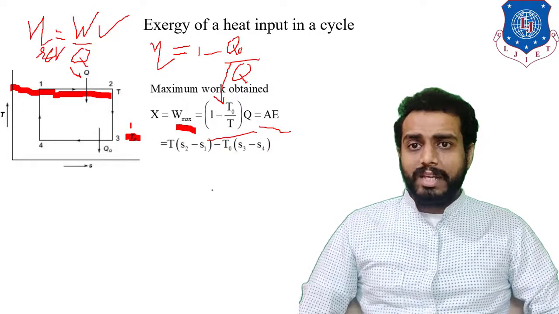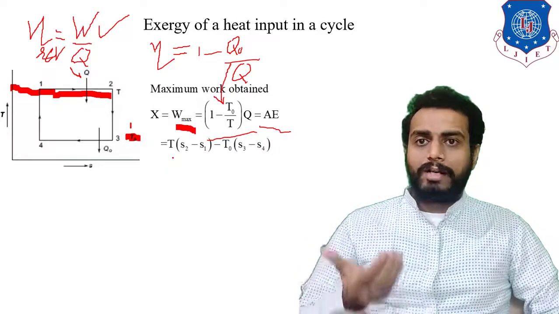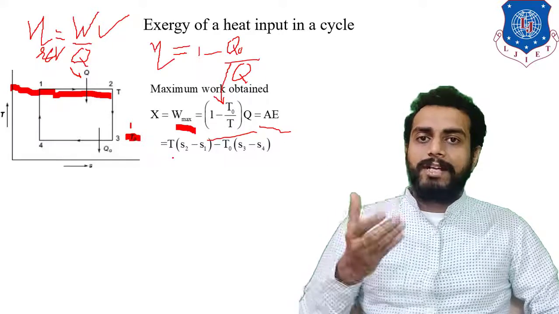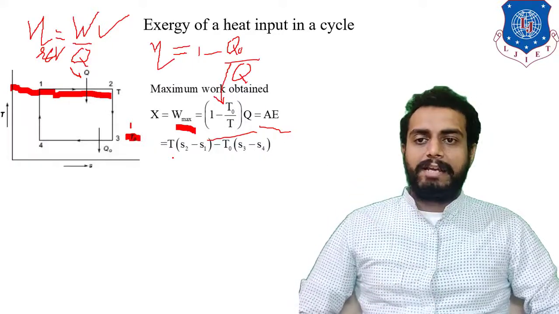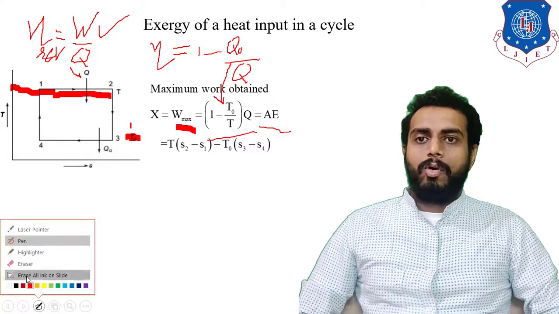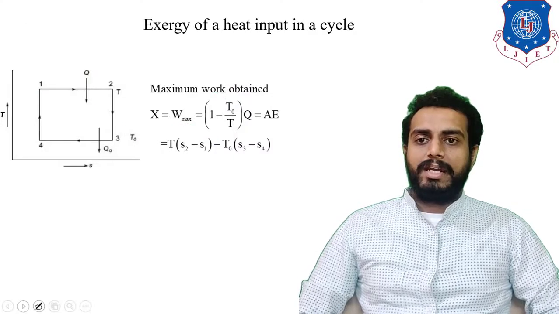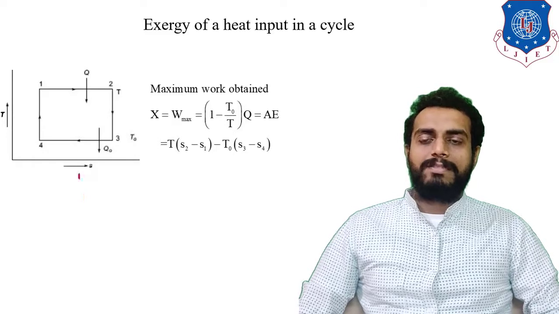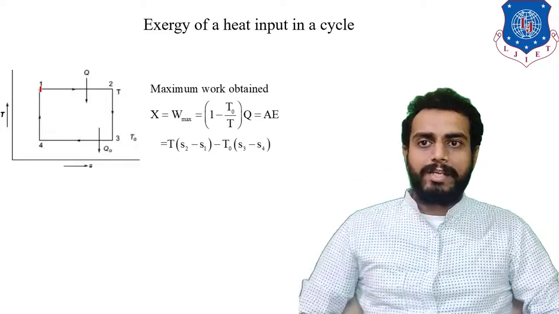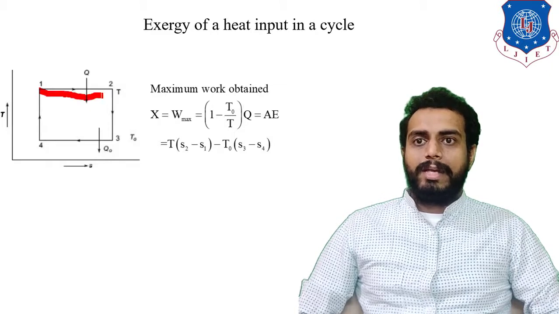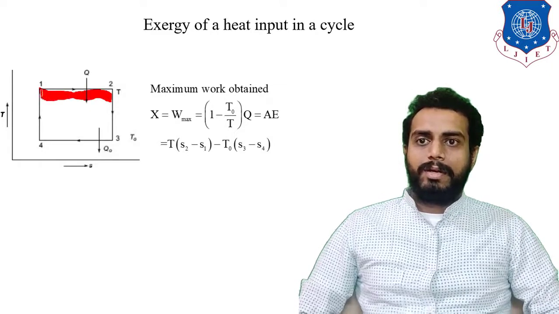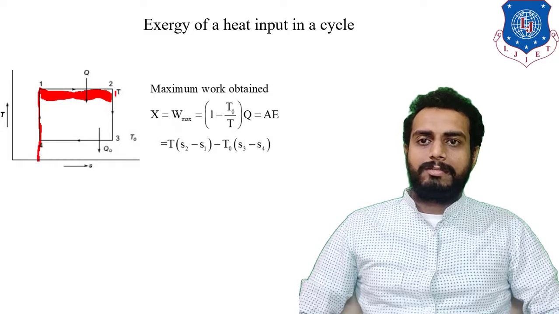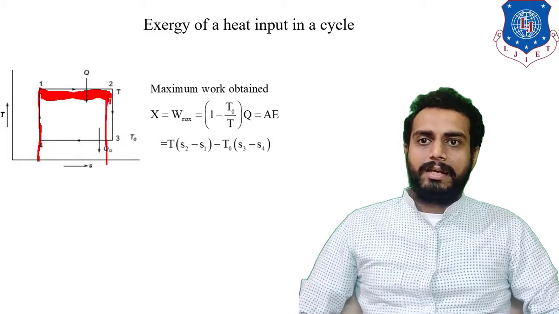Now here I can also write the work done or maximum work is equal to what? The difference between heat supplied minus heat rejected, right? Everyone will agree with that. If you can observe and appreciate, I have already told you many times that on the TS diagram, if you draw any curve, the area under that curve gives heat.